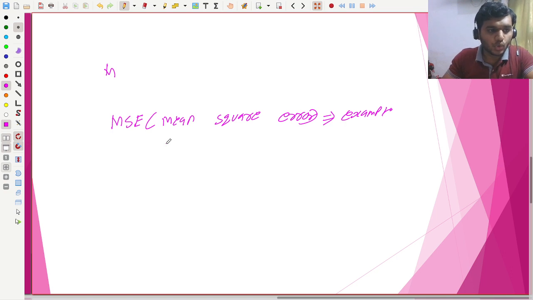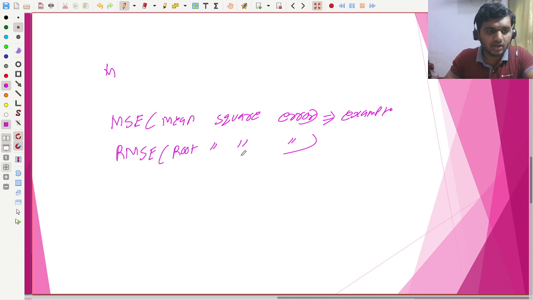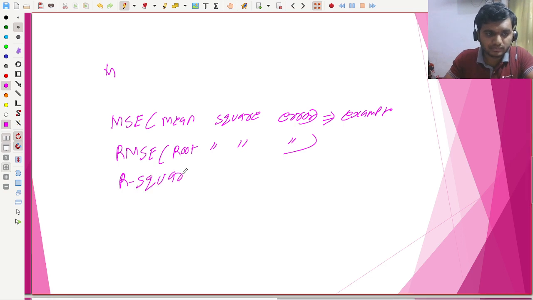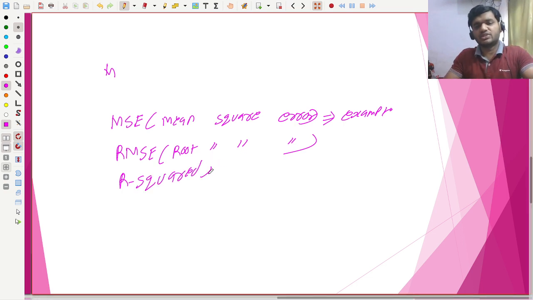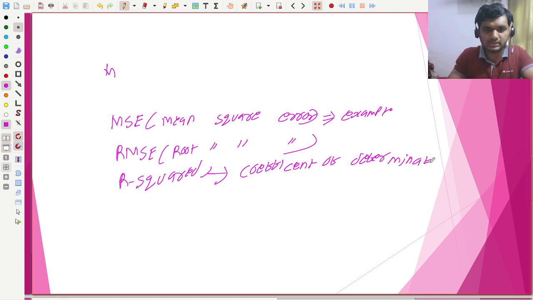Another is root mean square error, RMSE, which we'll also discuss in the next lecture. Then R square, that is the coefficient of determination. We'll discuss it in the next class.